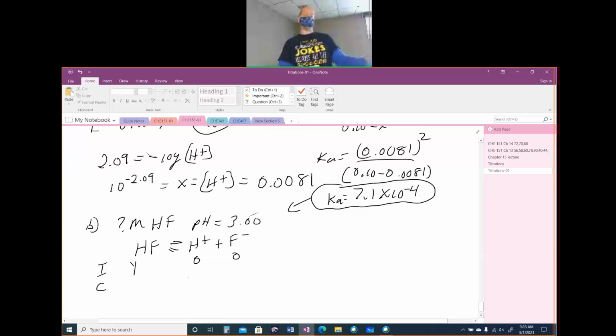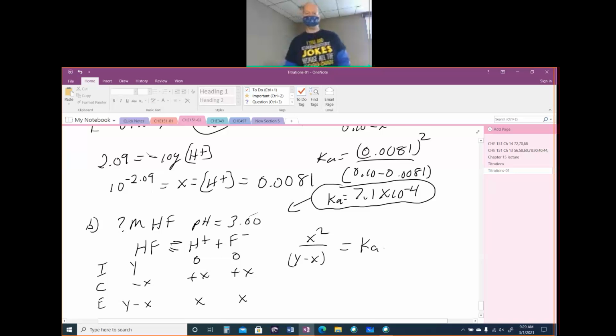We have an initial concentration of HF. We know what the pH is. So minus X, plus X, plus X. And so at equilibrium, I have my initial concentration, Y, minus X, X, and X. And so we have X squared over the initial concentration minus X is equal to Ka.